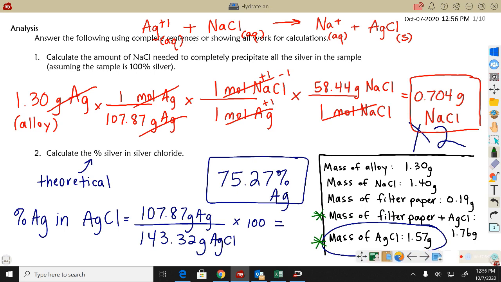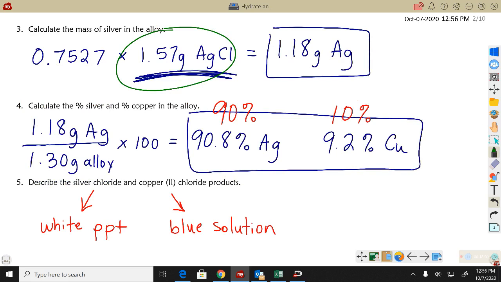And so this 1.57 would be too high. Well, if the 1.57 is too high because it's got water in there, even then when I multiply by the percent silver, this number is going to be too high, which then goes right here. So that number is too high, and it's going to make my percent silver too high.